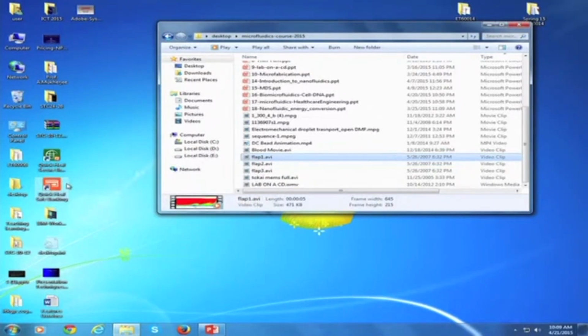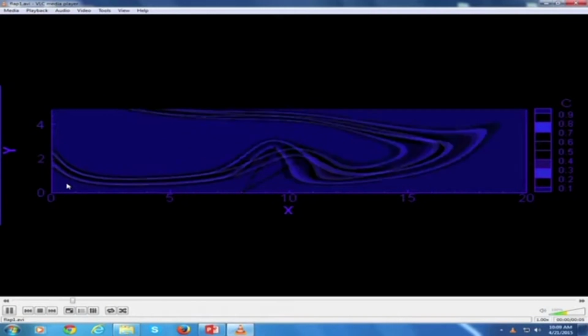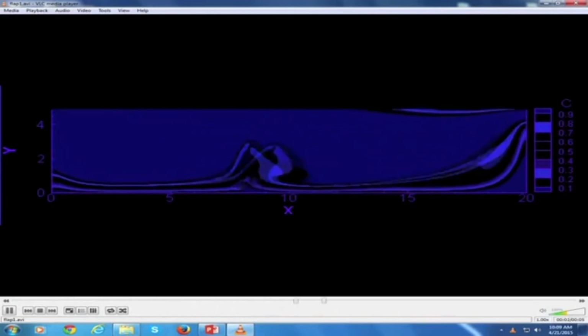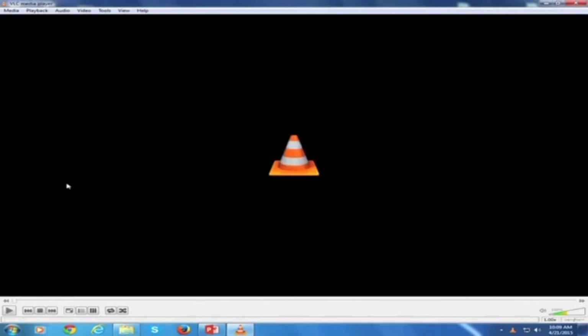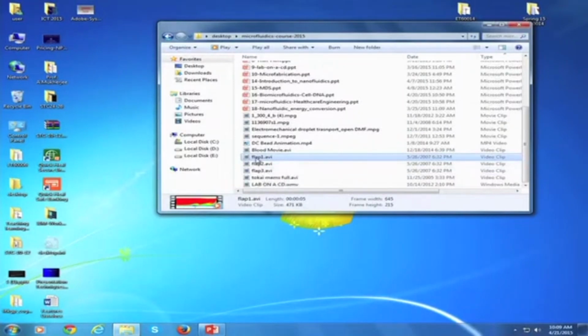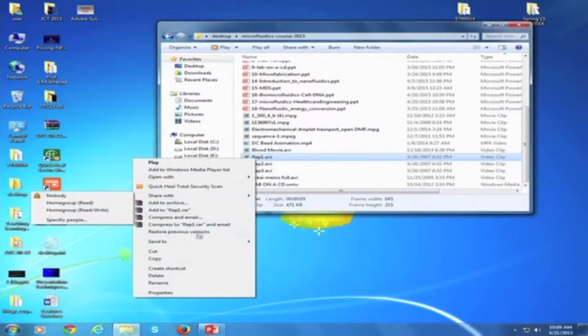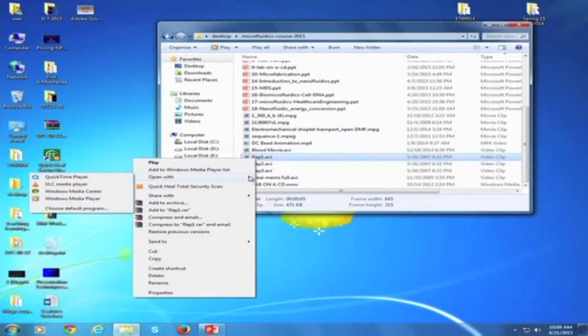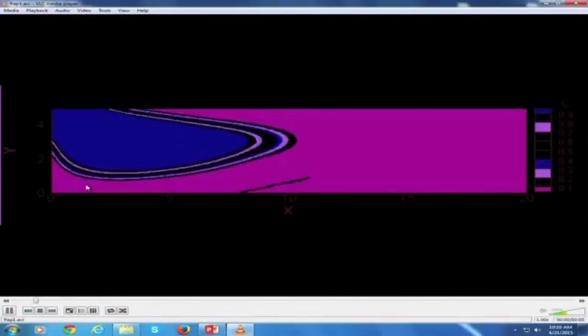So, hopefully the movie runs. Yes. So, you can see that there is an oscillatory flap, and with the oscillation of the flap you have, so I will show you the movie again. Look into the movie carefully.